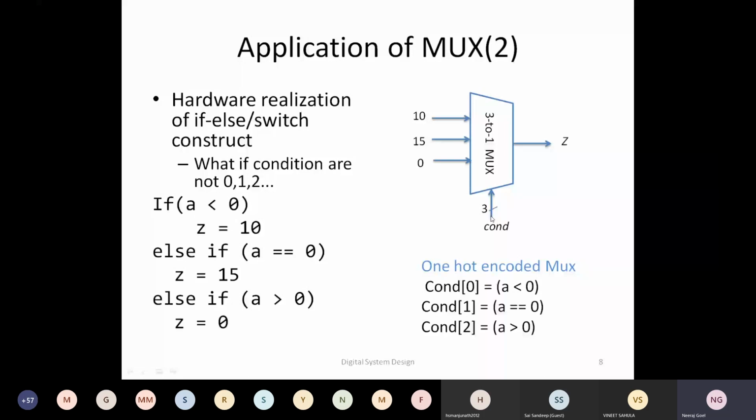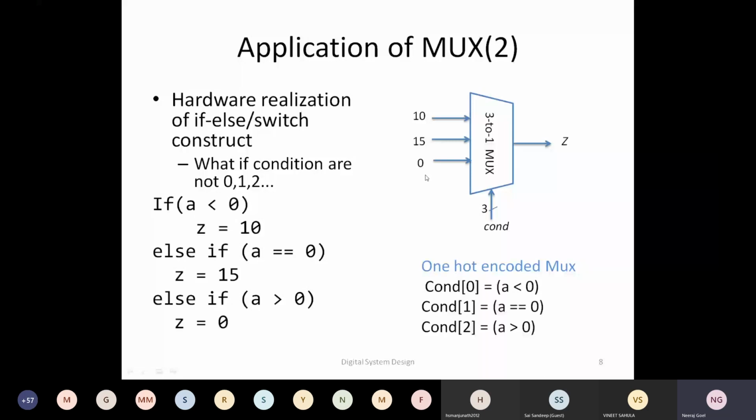So this way, this multiplexer can be used for generic hardware realization of an if-else construct. Extending if-else to switch is even easier, because in a switch you can clearly find the condition bits, and for each condition there is only one input here.